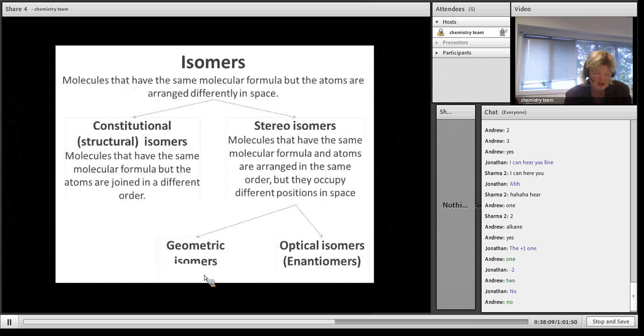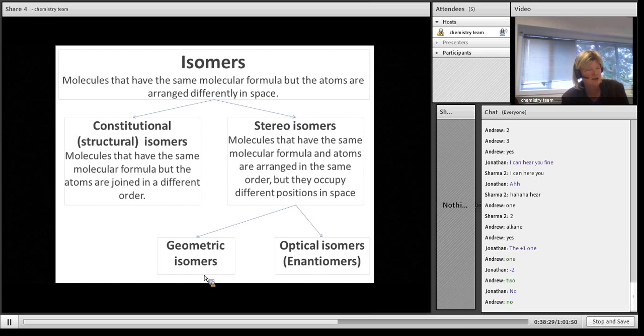So, last year you only had constitutional isomers and stereoisomers. This time we're breaking the stereoisomers down into 2 different types, geometric and optical. So first of all, remember what I said, isomers have the same molecular formula, but they're arranged differently in space.